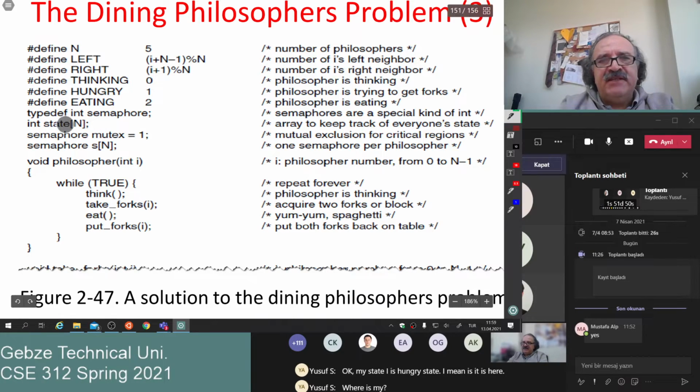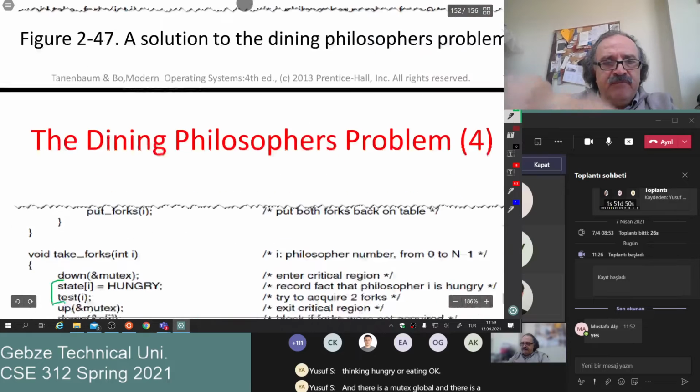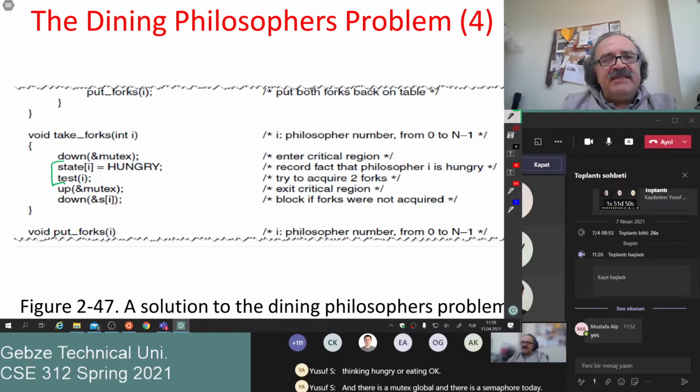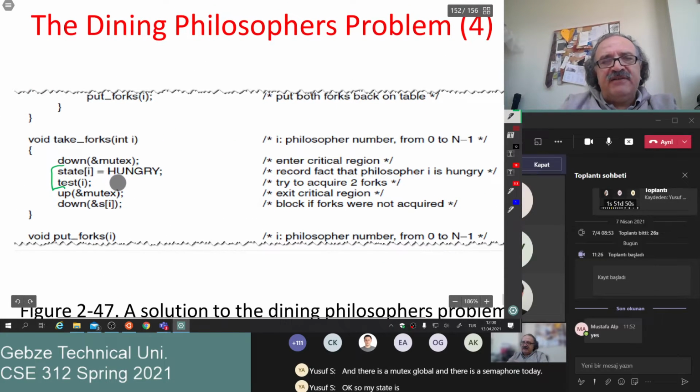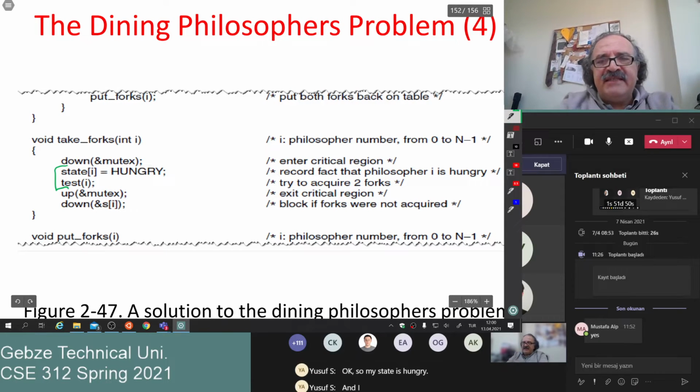So there is an array of states. There is one state for each philosopher, and states could be thinking, hungry, or eating. And there is a mutex global, and there is a semaphore array. So my state is hungry, and I call this function test I.